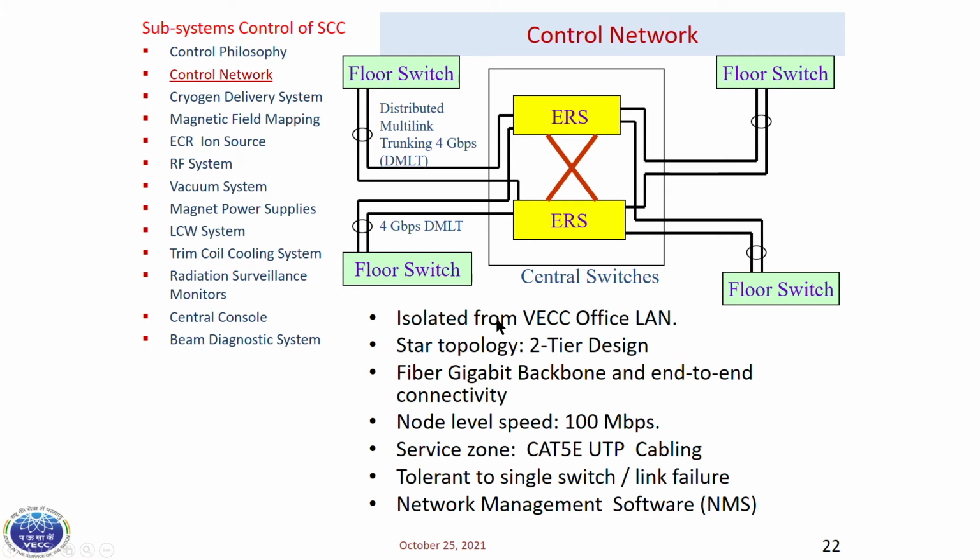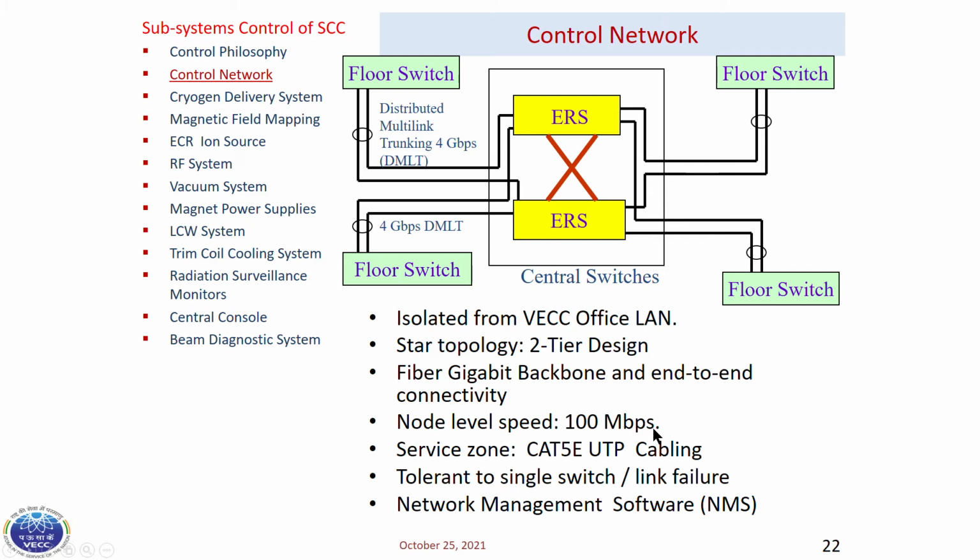Now the backbone of the control system is our control network. It is isolated from the VECC office LAN. It is based on a two-tier star topology. It provides a gigabit backbone and end-to-end connectivity.